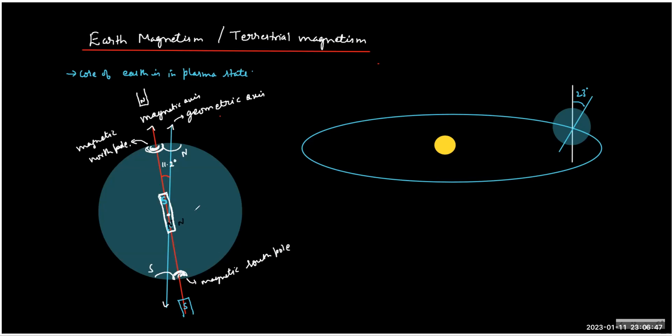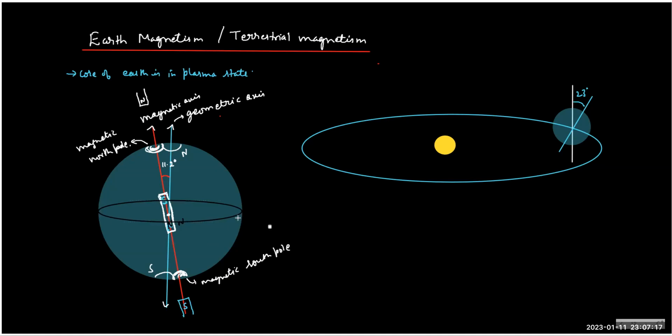Yes, sir. Now, if you think of it as a bar magnet, you can exactly draw the lines of force. Now we divide the Earth into two separate parts.